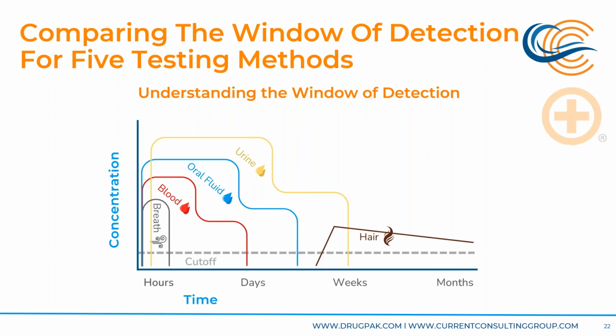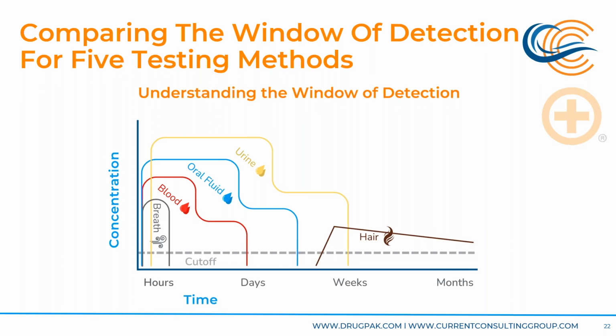But the problem with breath is that the ability to detect THC in a breath sample diminishes quickly after the first hour. So with oral fluid, you've got a solid window of detection from within 15 minutes after usage for about a day or two, depending on the type of test, POCT versus lab-based, et cetera. Lots of factors factor in.